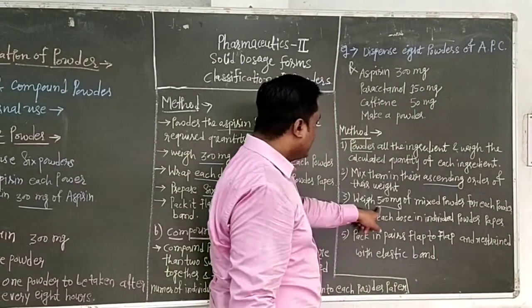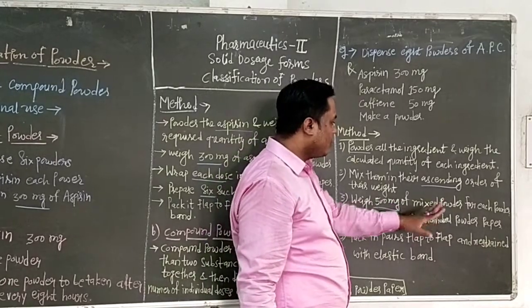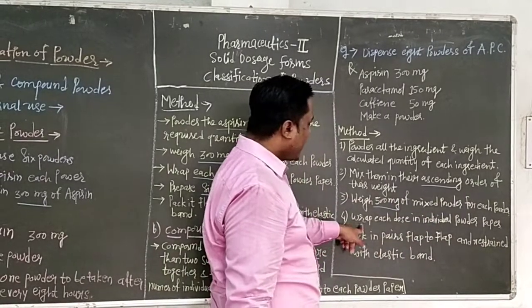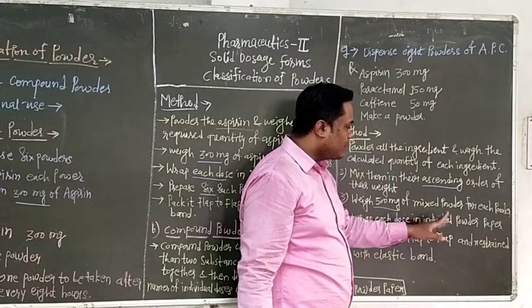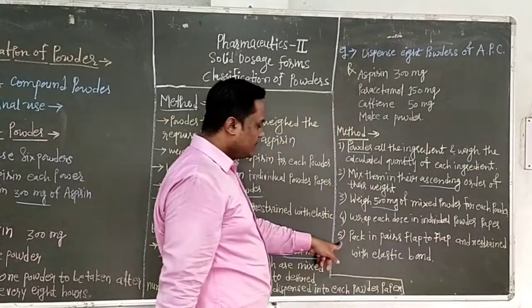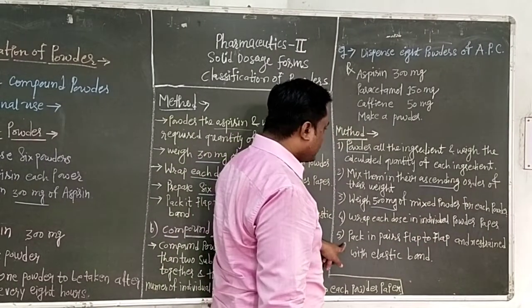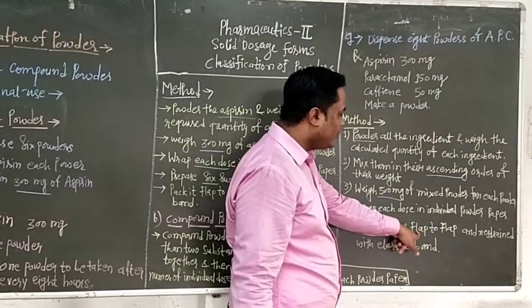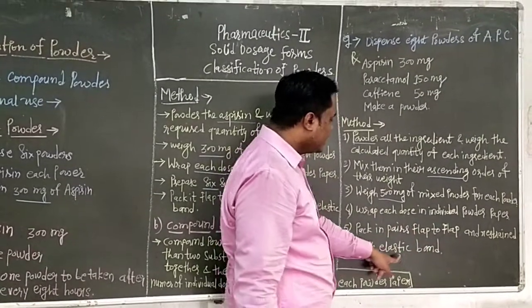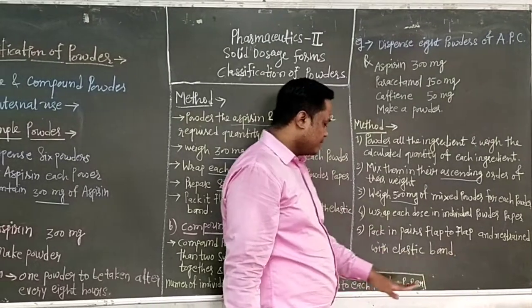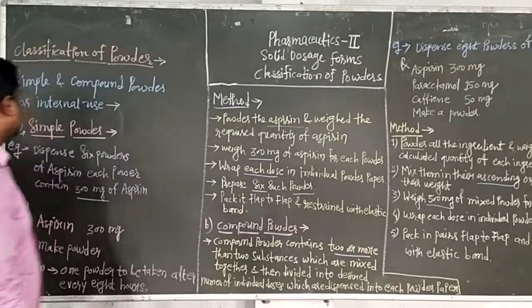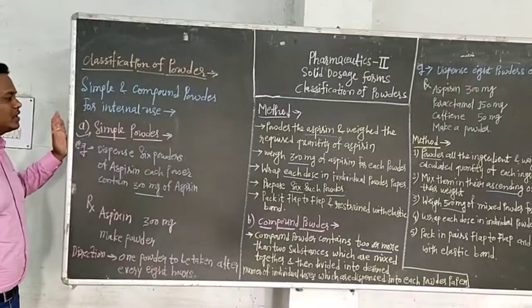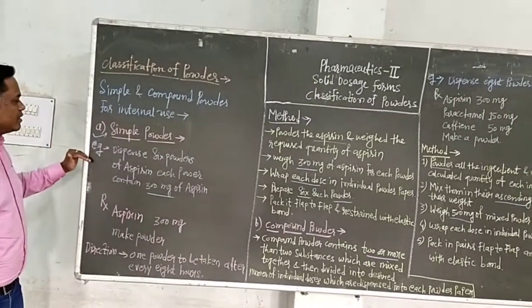Then wrap each dose in individual powder paper for dispensing. Then the individual doses are packed in pairs flat to flat and restrained with elastic bands. And this is all about the simple and compound powder and their examples.